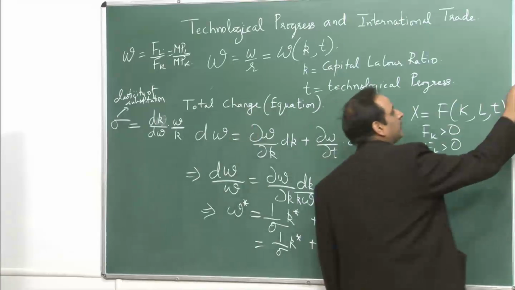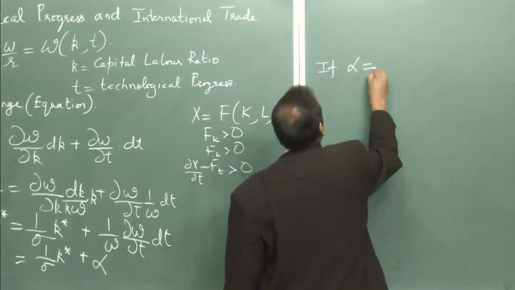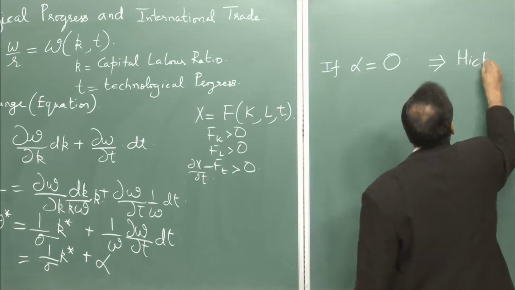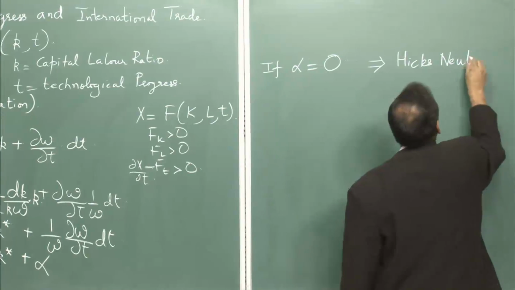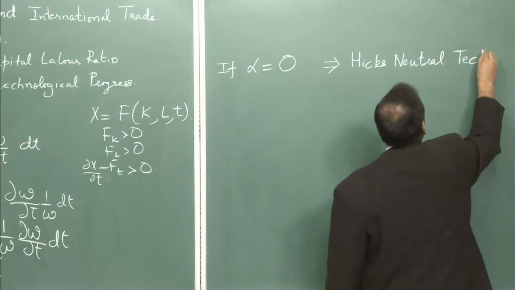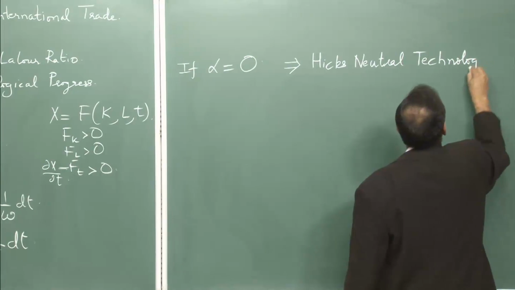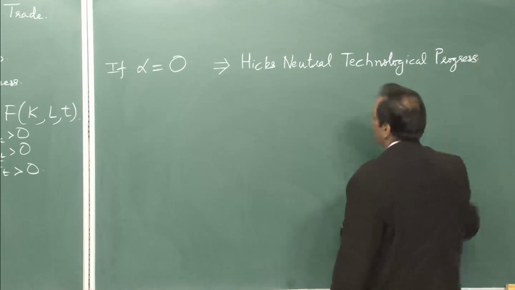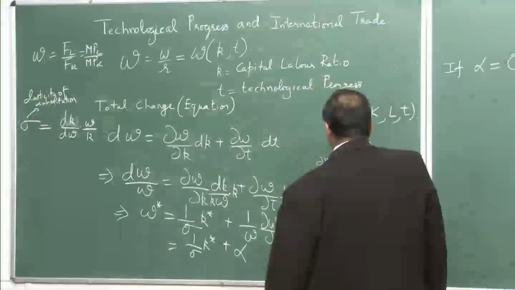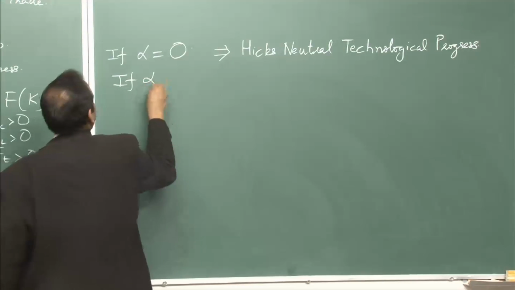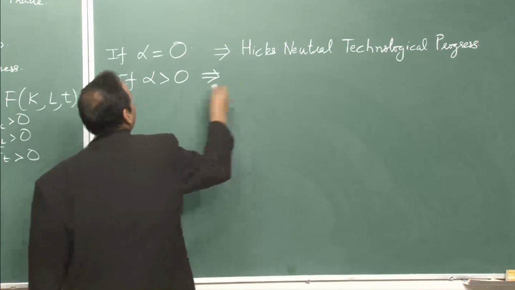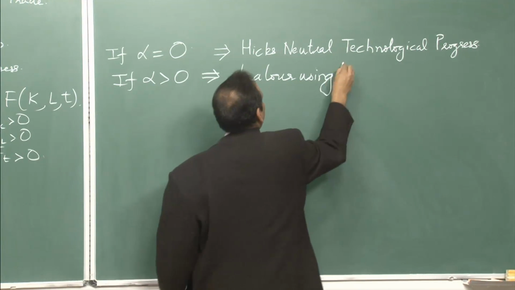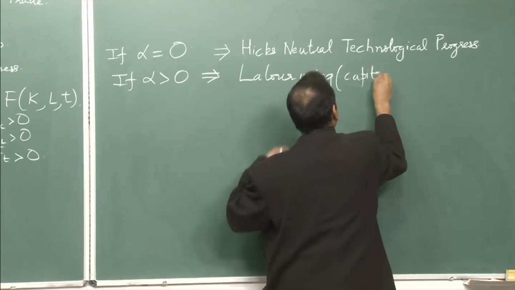Now, if alpha is equal to 0, this is called the Hicks neutral technological progress. If lambda is greater than 0, then you have the labor using, which is the capital saving.